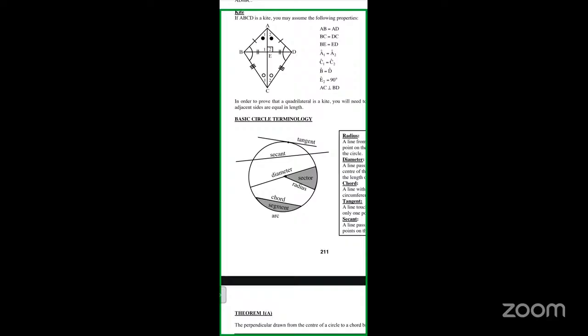Then we also have the secant, which is the line that cuts the circle. It is not the line that moves from any point on the circumference to the other point of the circle. It goes out of the circle, cuts the circle. We also have the tangent, which we are going to use a lot in geometry.